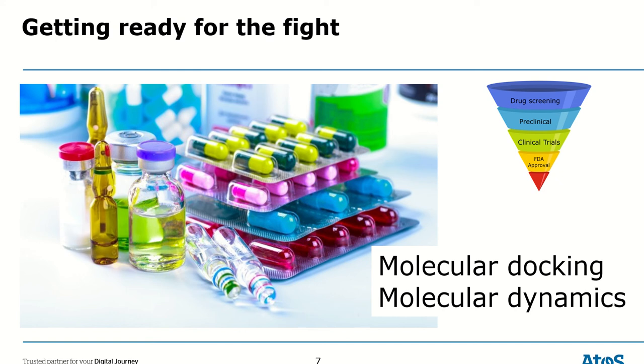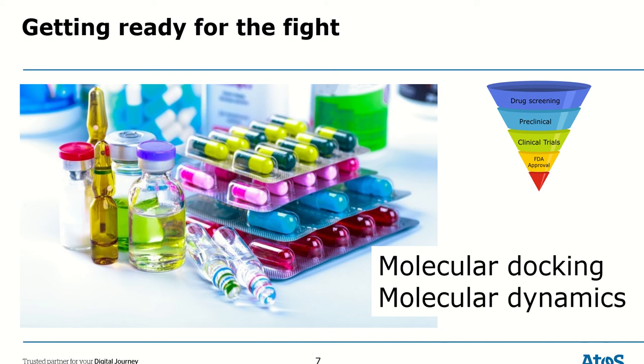This process is called drug screening, and this is the first step towards finding a treatment. The following step is preclinical testing, when you take the most promising lead compounds and test them normally in animals. Then you move to humans for the clinical trials, and then you must follow the FDA or the EMA approval.